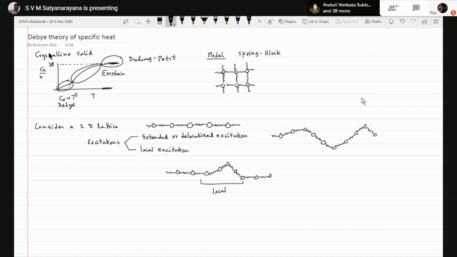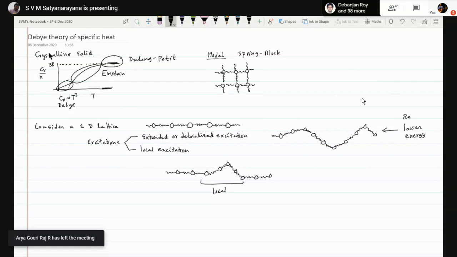Now it's probably intuitively easy to understand that delocalized excitations are low energy excitations. They require lower energy compared to local excitations.